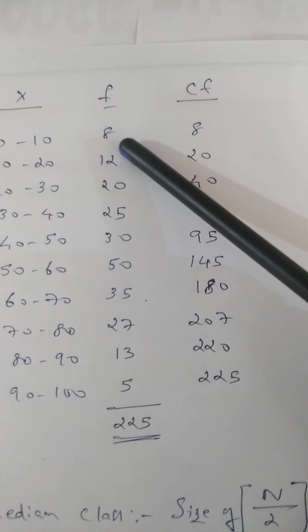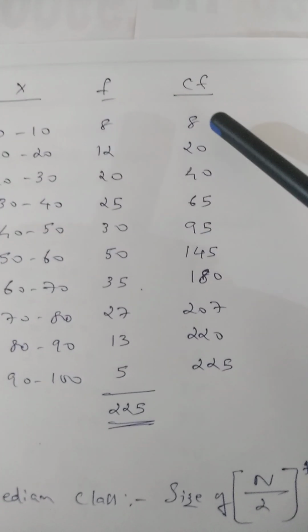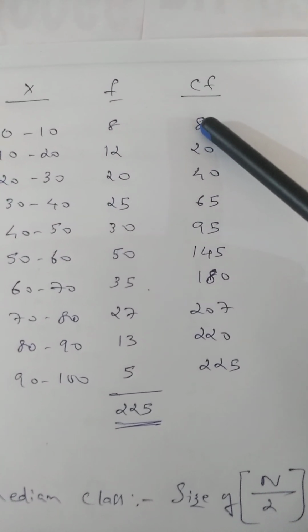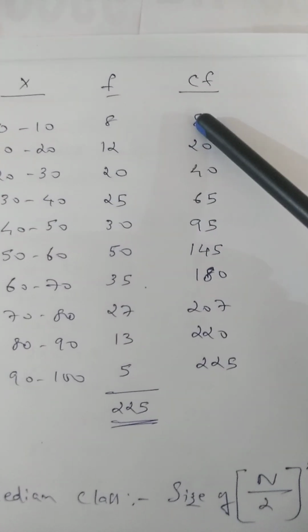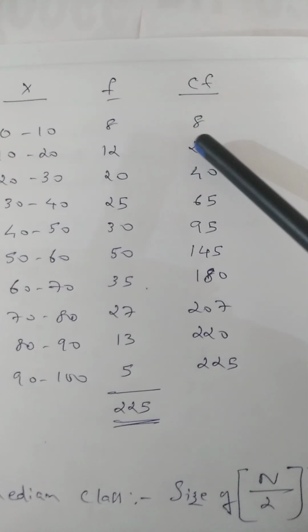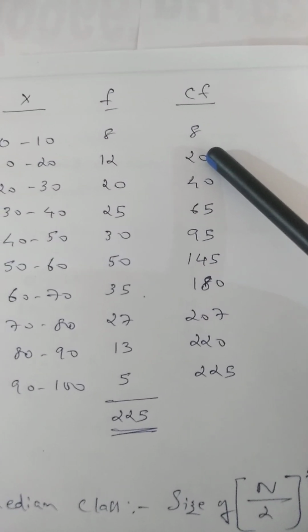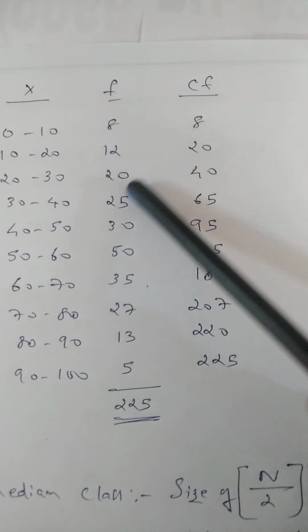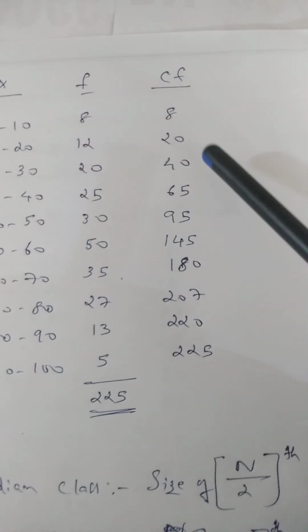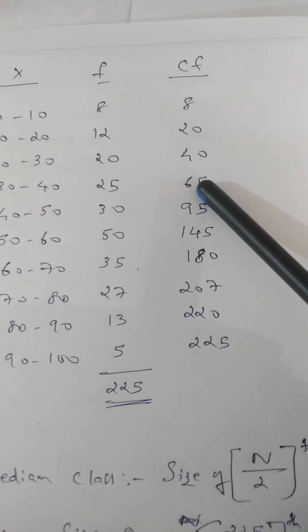This 8 is the first frequency and it is the first cumulative frequency also. Then add the first cumulative frequency with the next frequency. That means 8 plus 12 gives 20. Then 20 plus 20, 40. Then again this 40 plus the next frequency 25, 65.